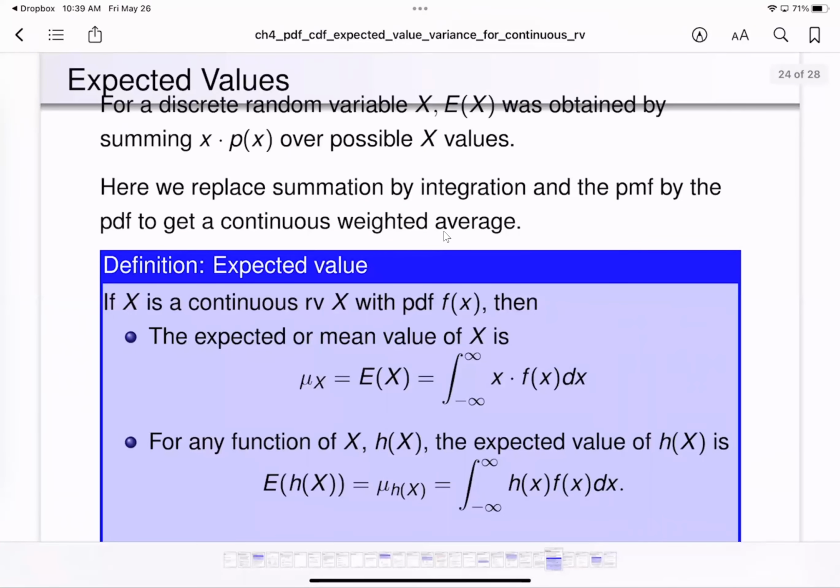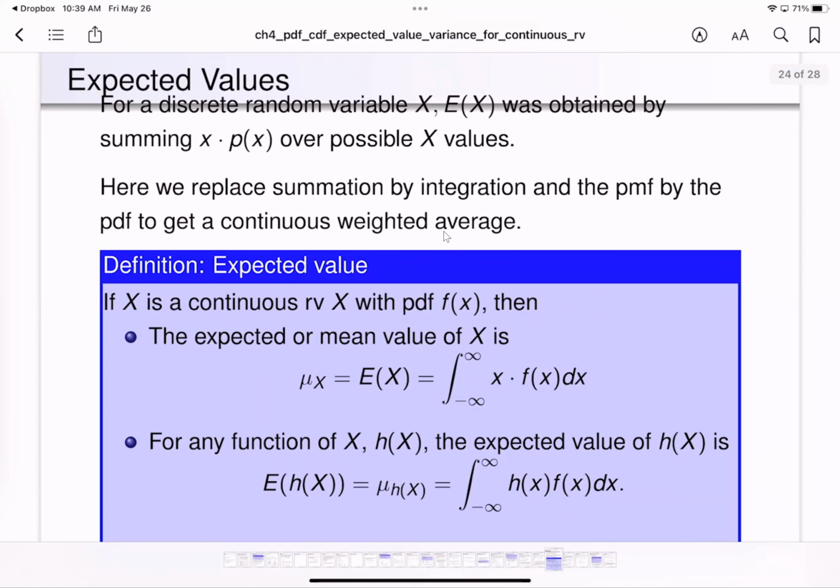The next concept is the expected value. This is a concept that we use a lot. Expected value simply refers to the weighted average of the possible values. And what do we use for the weight? Each of the x values has a PDF function.